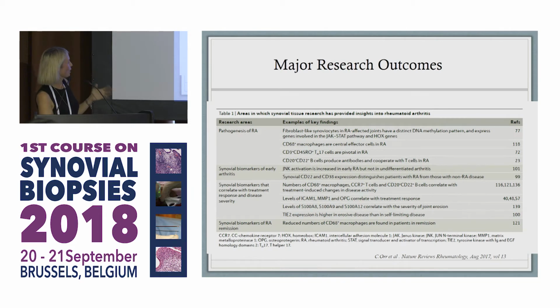But I think it was a beautiful paper, and I think this table summarised why we get so excited about how we've got to push forward our synovial biopsy research and increase active access, because there have been fundamental moves forward in our understanding of both the pathogenesis of rheumatoid arthritis, to identification of biomarkers of early arthritis, and response to treatment over the years, particularly synovial macrophages that Doug mentioned already.